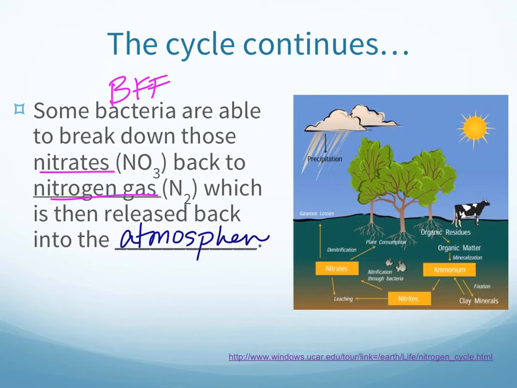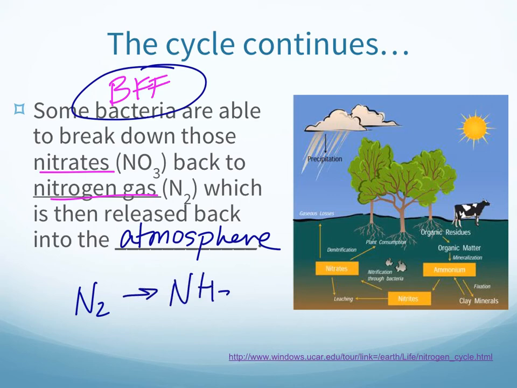So again, bacteria is that BFF of the nitrogen cycle. It converts nitrogen gas, N2, into ammonia, as well as nitrates, and back to nitrogen gas. So bacteria is the BFF converting nitrogen all throughout every single sphere.